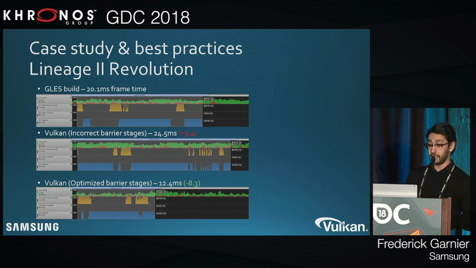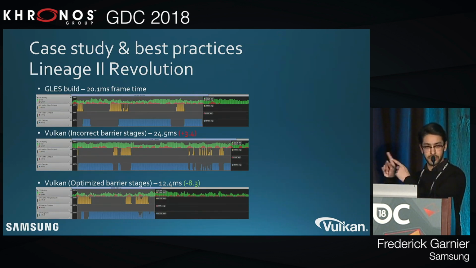As you can see on the slide here, this is DS5 Streamline. There are 3 images, and the gray part is just a timeline size. We basically measured the original GLES build, the Vulkan build with the incorrect barrier stages, and a Vulkan optimized build. For OpenGLES, our initial evaluation was 20 milliseconds for frame time.